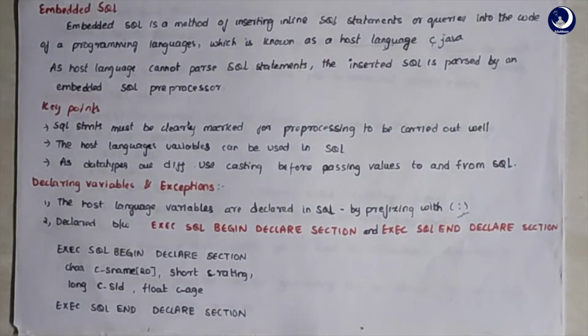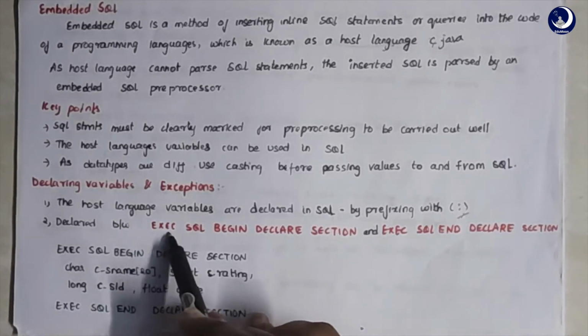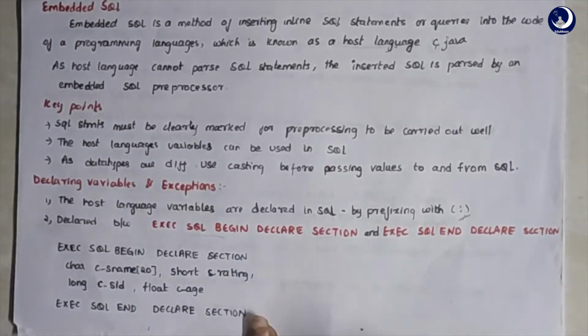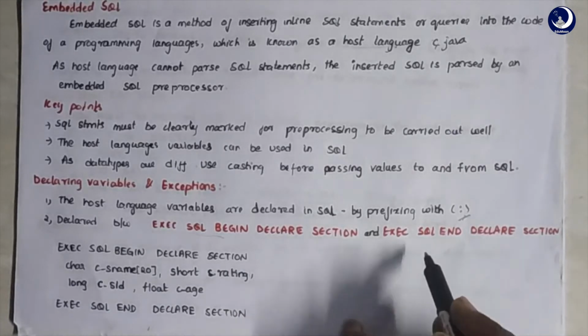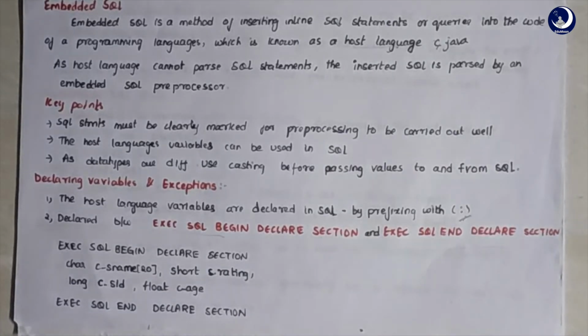Now the declaration should be between EXEC SQL BEGIN DECLARE SECTION and EXEC SQL END DECLARE SECTION. I have told you that we should mark the start and end of the SQL statements in a host language, and we do that with these two statements. The declaration section is generally started with this and it is ended with this statement, right?